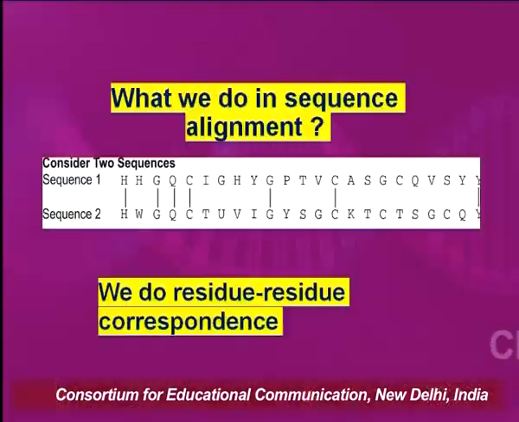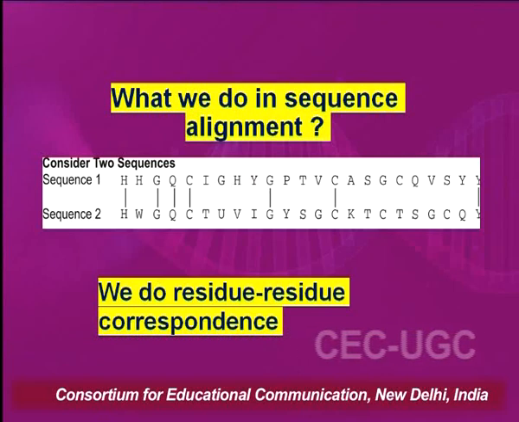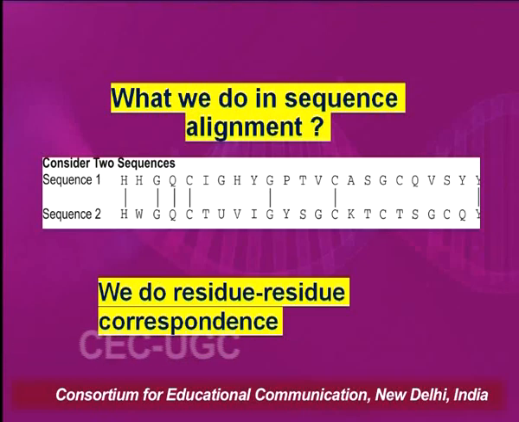I just said we compare the sequence residue by residue. So here are two example sequences, sequence 1 and sequence 2. We'll keep one sequence over the other, and we will do each alphabet or residue to residue correspondence one by one.